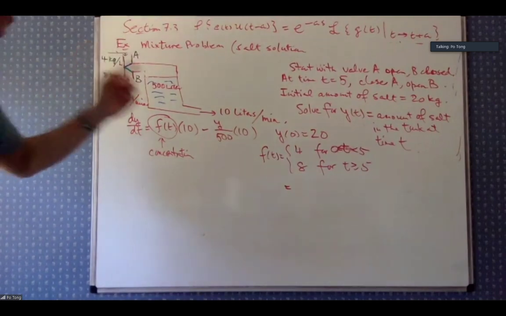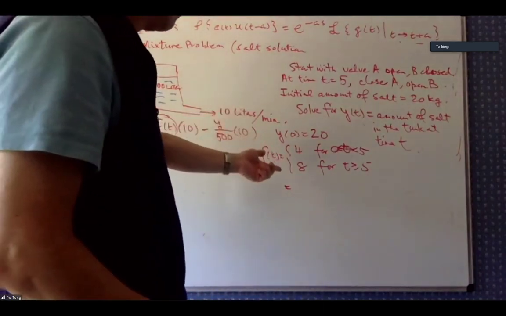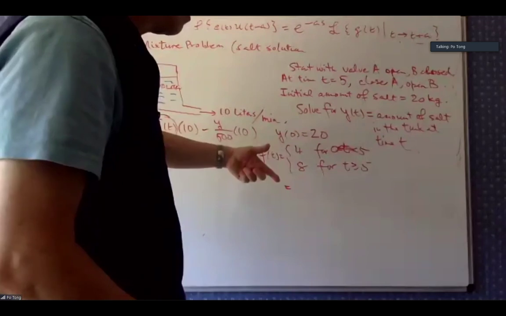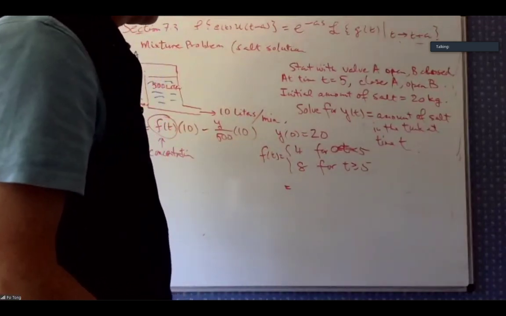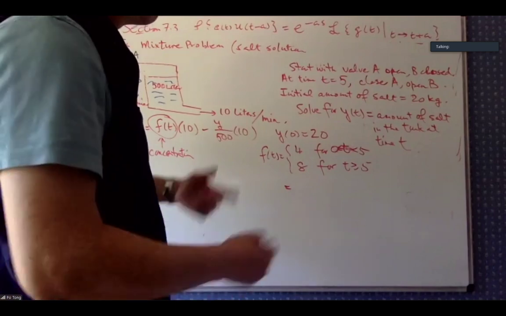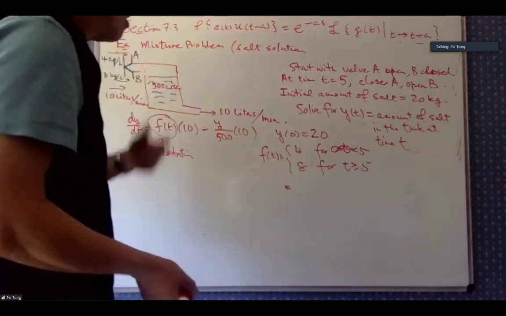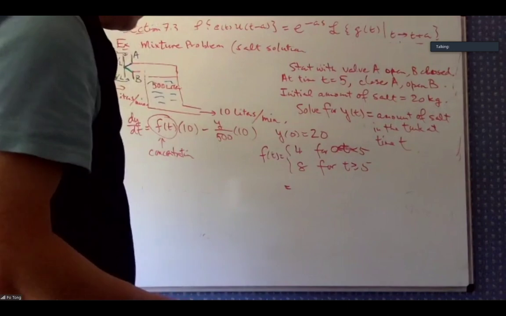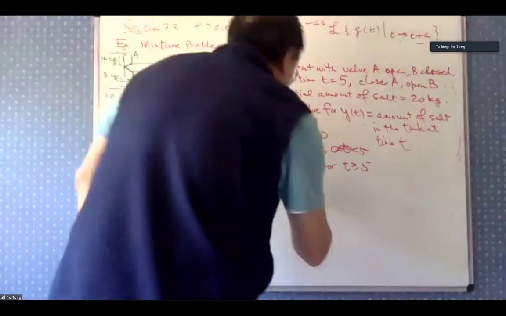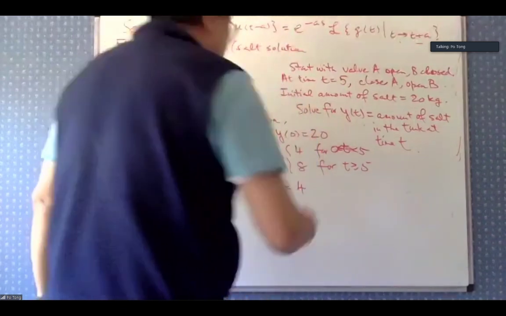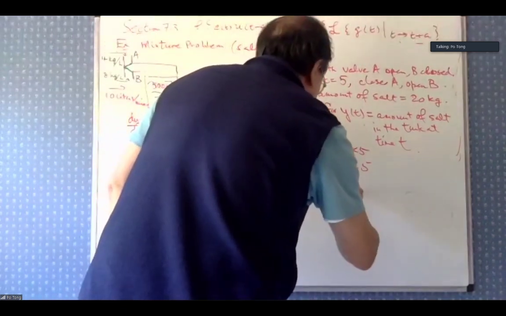Anybody? It's equal to 4 and then changes to 8. So I need 4 times a certain function plus 8 times some other function.